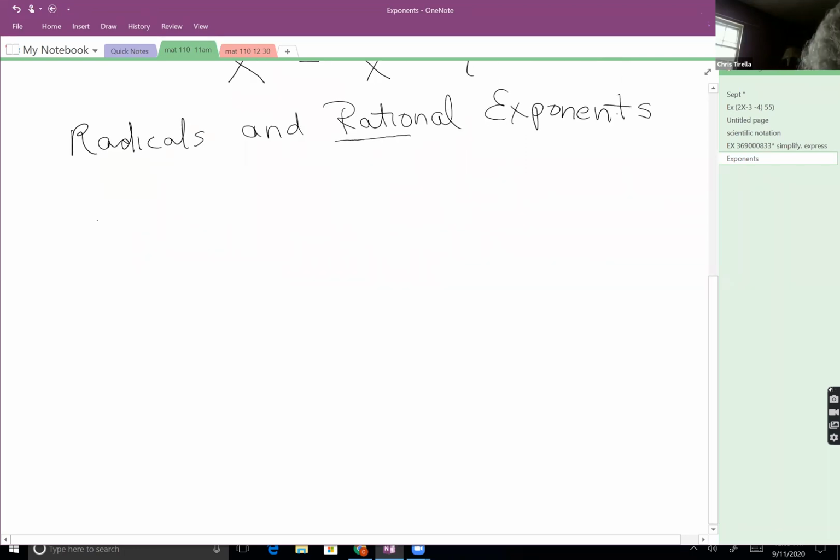So let's first look at the definition of, first of all, a square root.